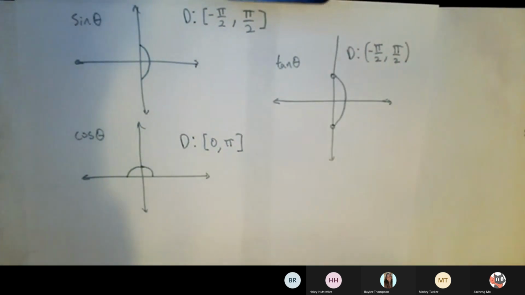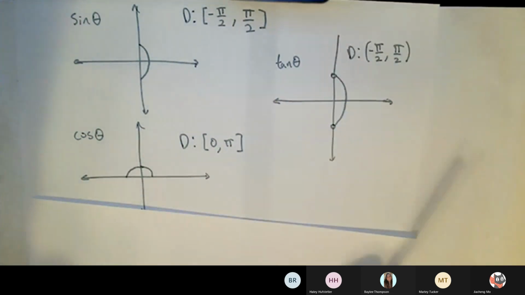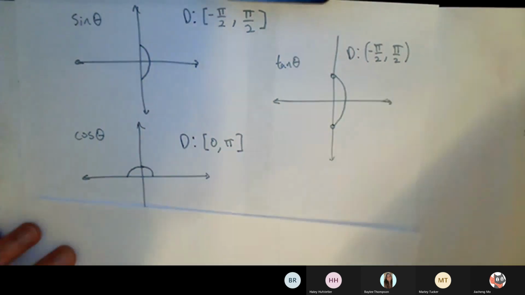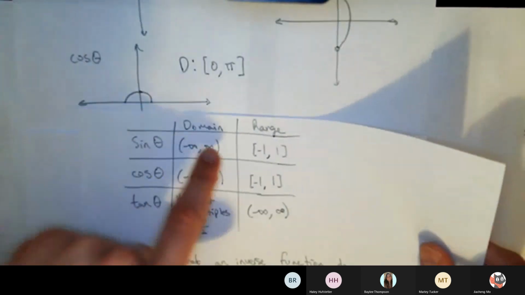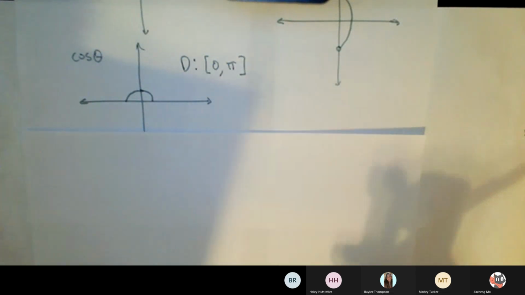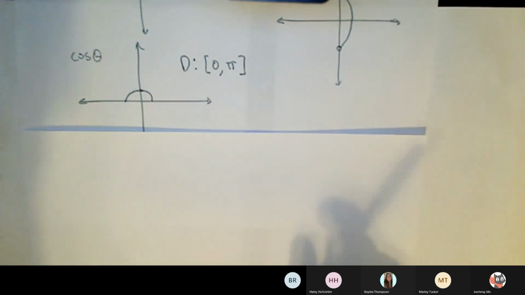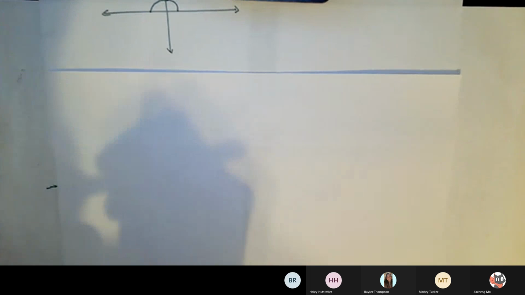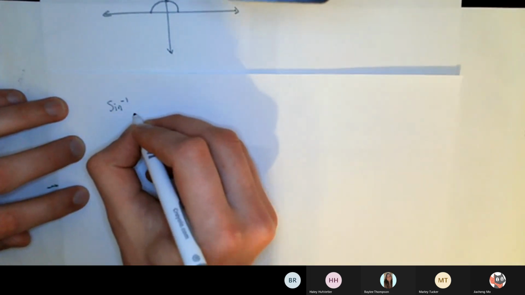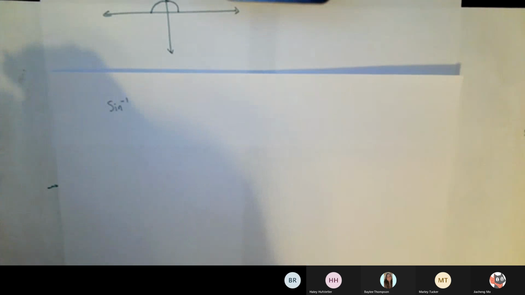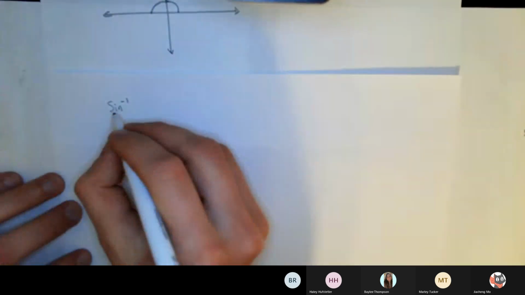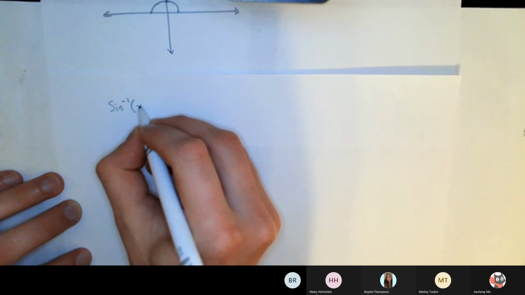Now we are ready to write down the corresponding table with our domains and ranges for our sine inverse, cosine inverse, and tangent inverse functions. So here they are. Sine inverse of, well, I'm going to say x here.